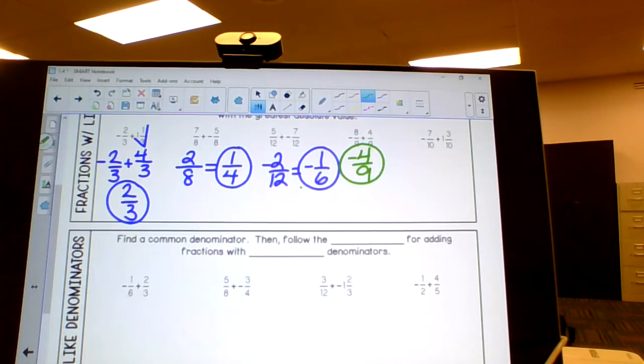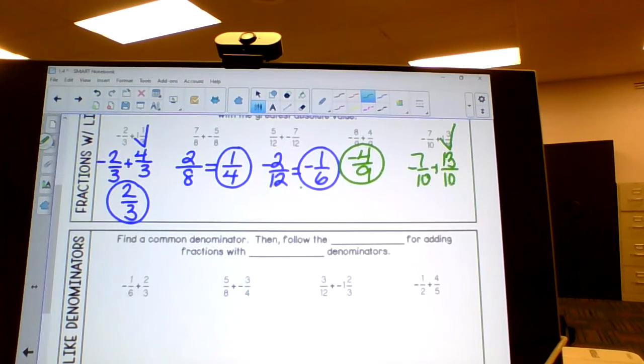This is not an improper fraction, so 1 times 10 is 10, plus 3 is 13. So I made it improper. And then I already have a common denominator, so I'm going to go ahead and just do the tops. So negative 7 plus 13.